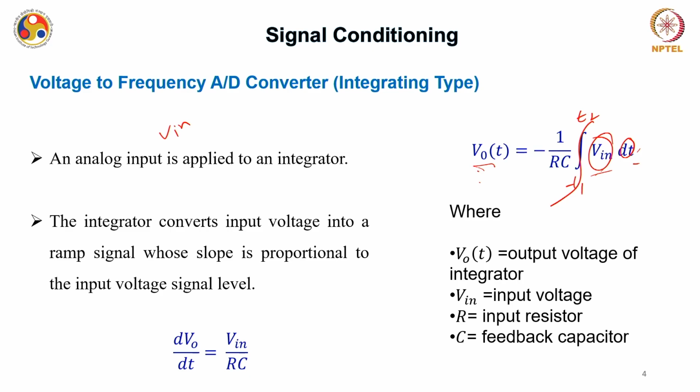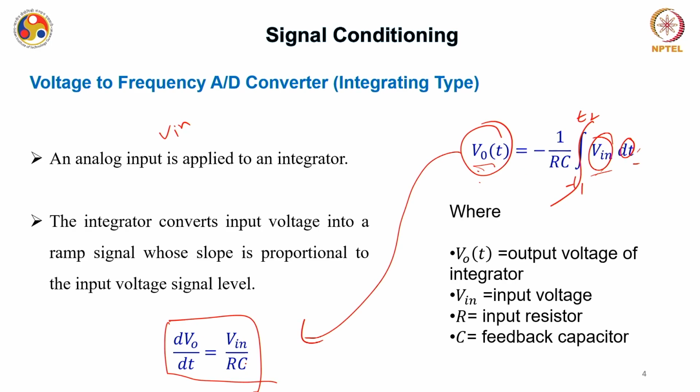Here V naught is the output voltage of the integrator, V in is the input voltage that we have seen, and R and C are the input resistor and feedback capacitor. Now dV naught by dt I can write from this equation, not considering the sign here, as dV naught by dt equal to V in by RC. We can say that this is the slope.